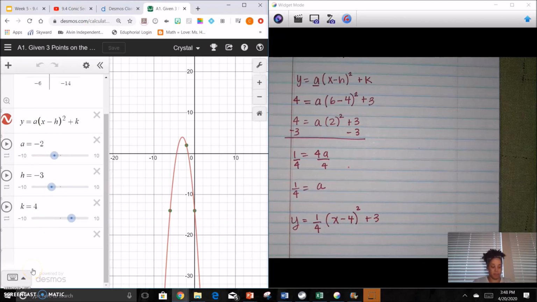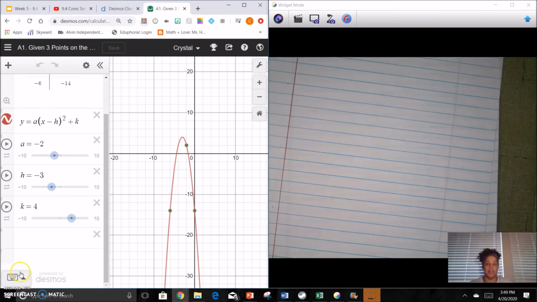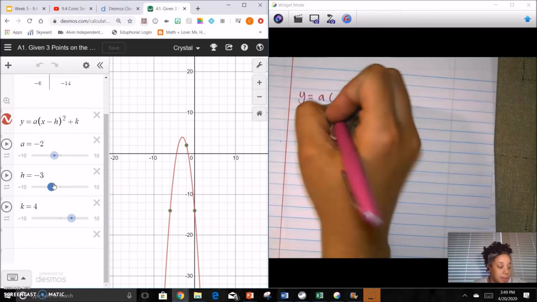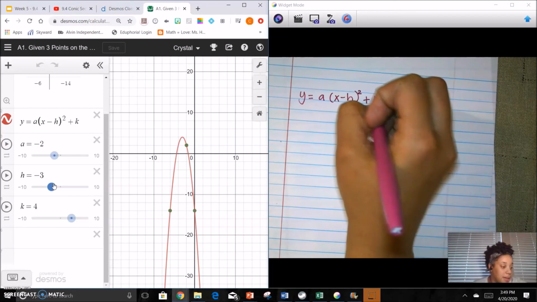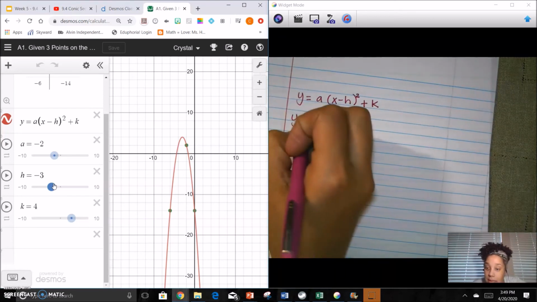Okay, so for this example, you might want to write these things down in the format that they are. So y equals A times (x minus h) squared plus k. Okay, so A is -2.